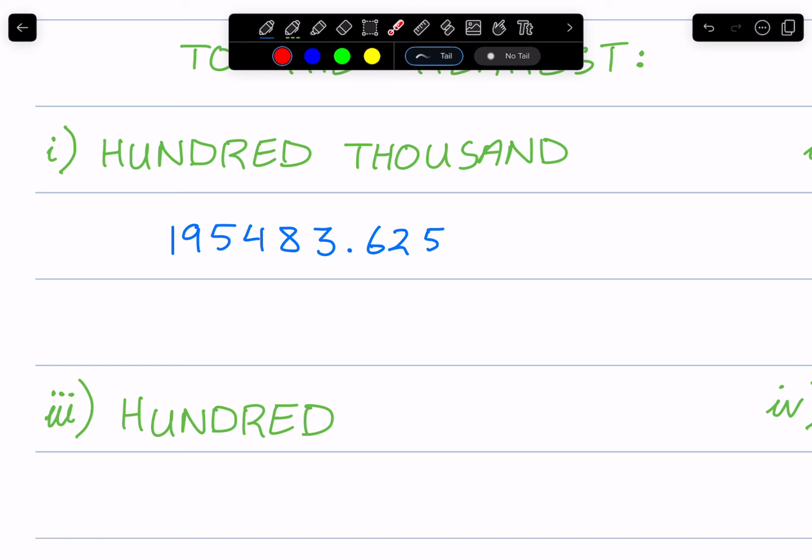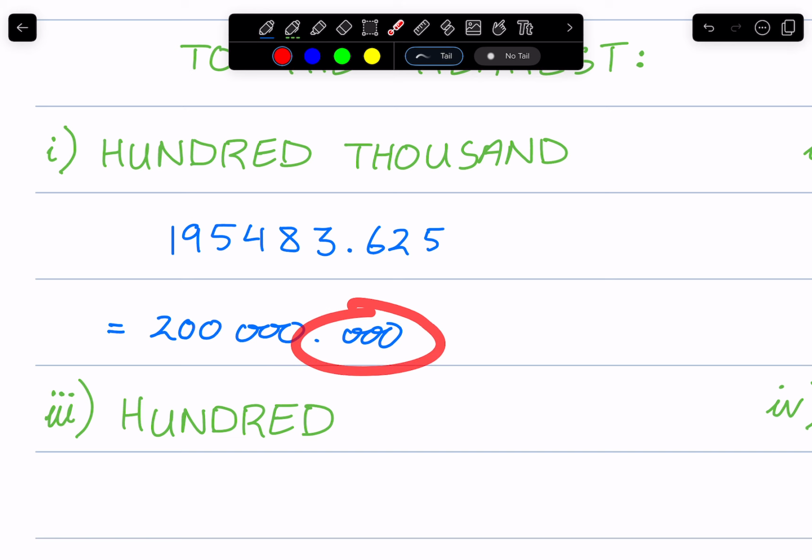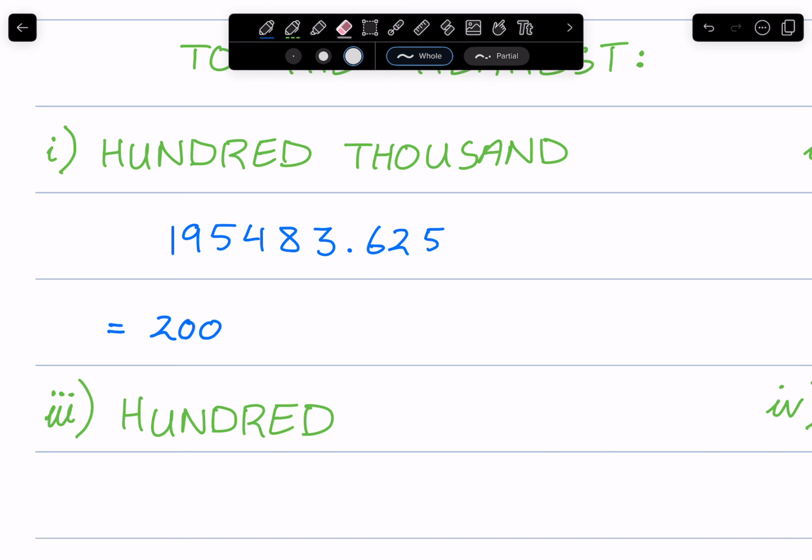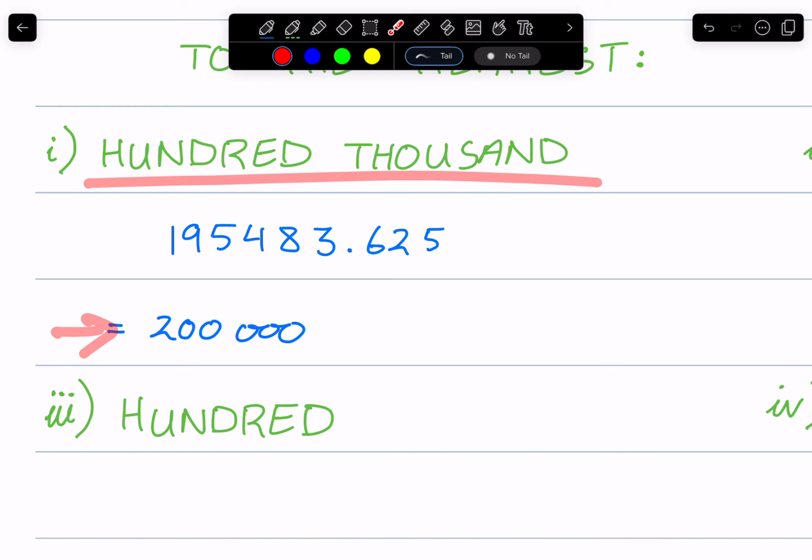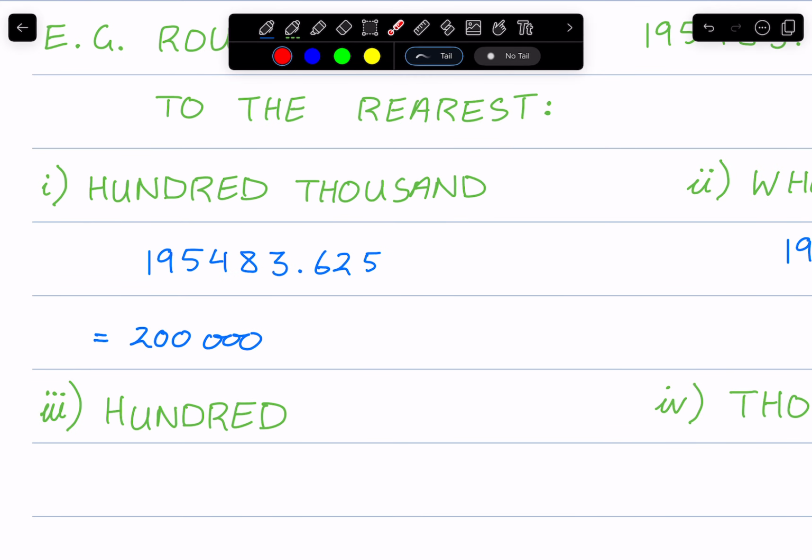In this case, because it's 5 to 9, the chosen place value goes up by 1, so it's higher than 5. So this 1 becomes a 2, and then every number to the right will become 0, but with decimals, we don't need to put 0.000. So this number, rounded to the nearest 100,000, becomes 200,000.